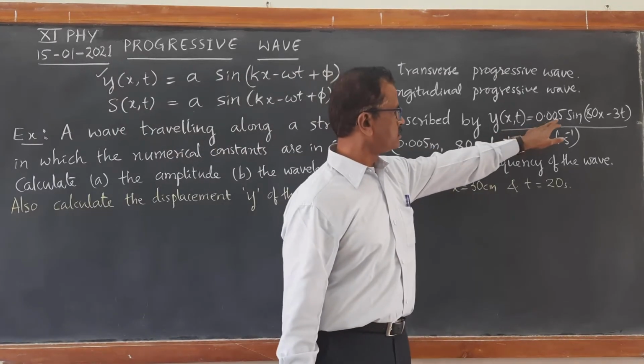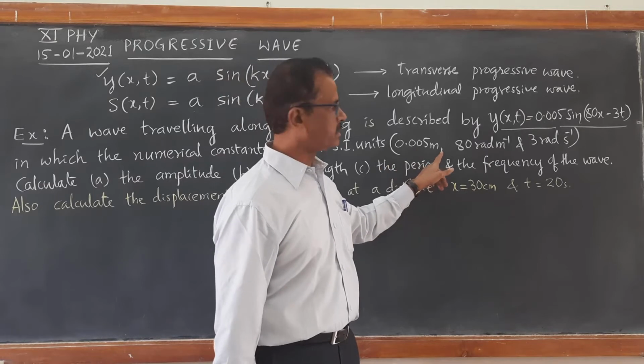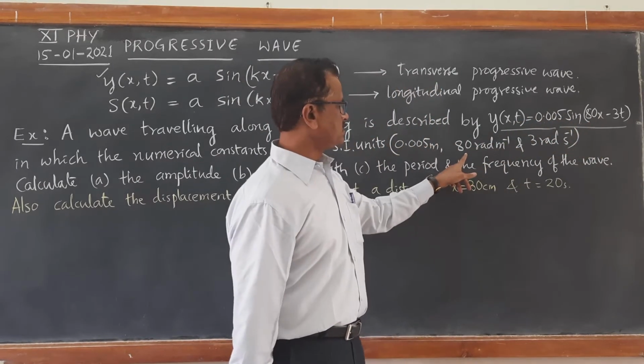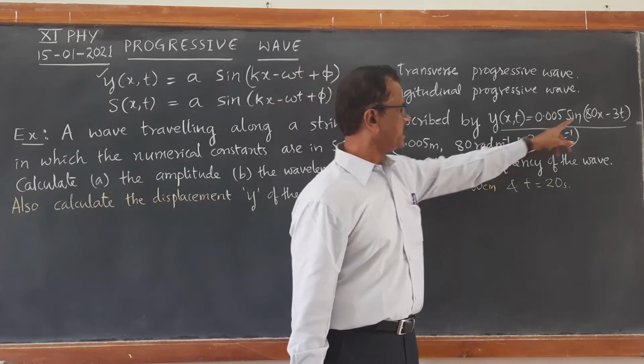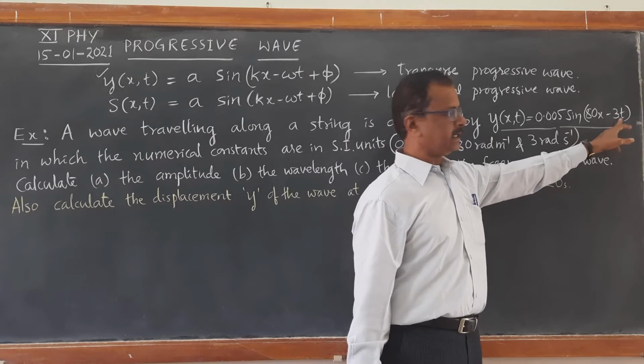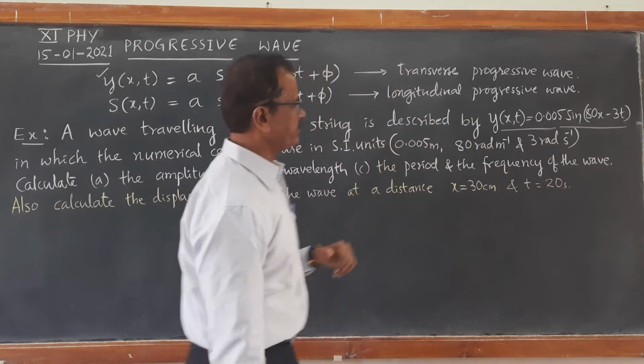Amplitude is 0.005 meter, right? And k, it is 80 radian per meter. And omega, 3 is 3 radian per second. These are all in SI units.